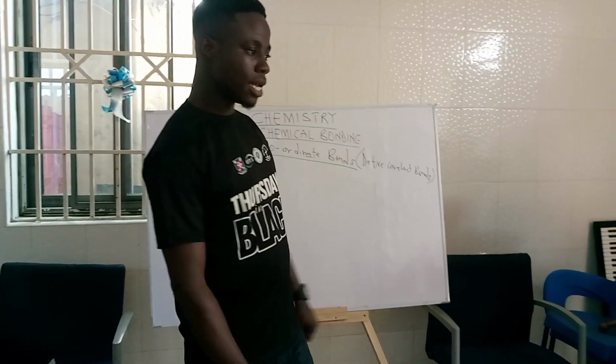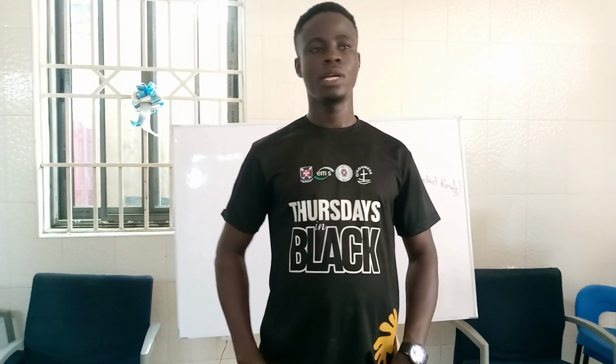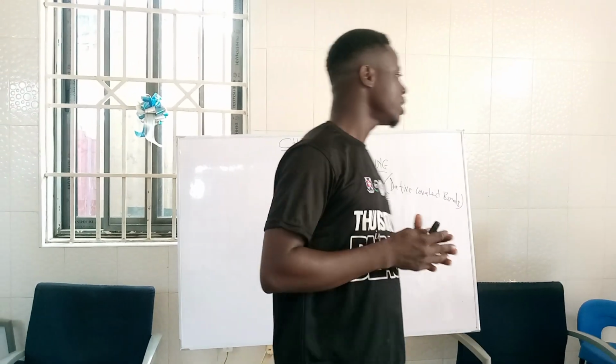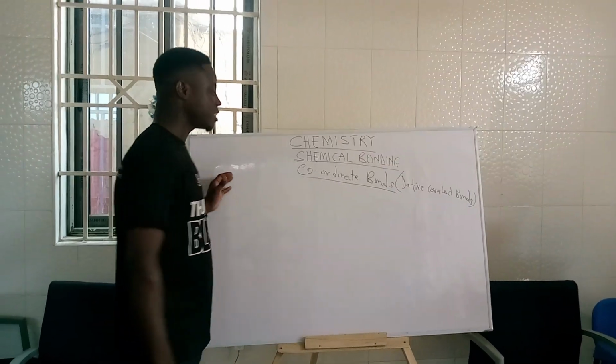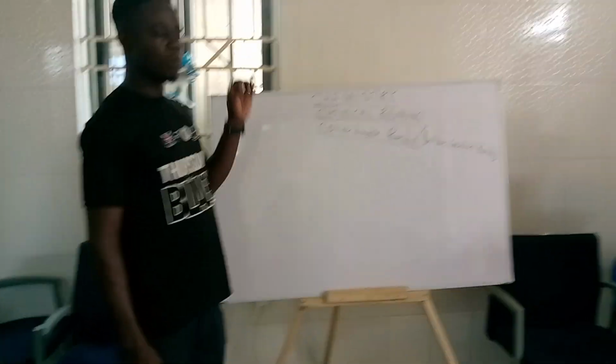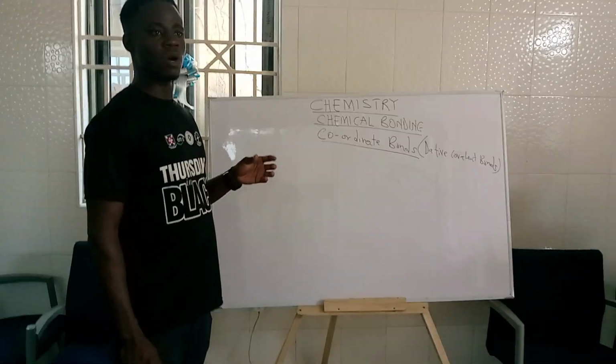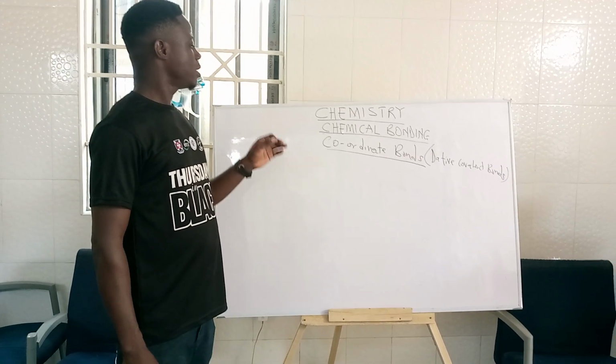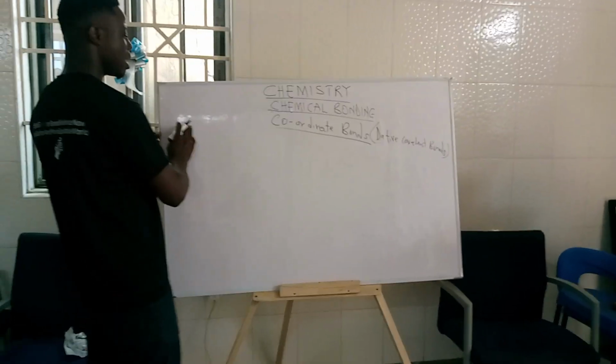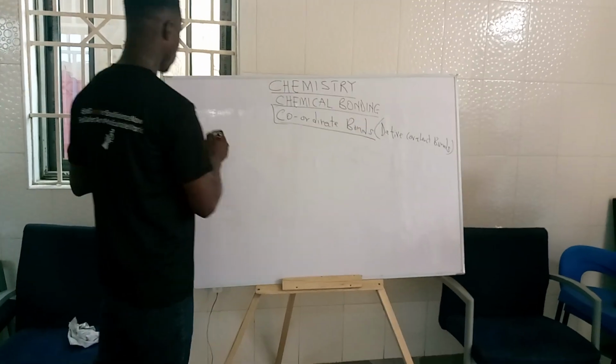Another name for this coordinate bond is dative covalent bond. In our previous video, we said that anytime we are talking about covalent bonding, it is just a matter of the sharing of bond pair electrons or electron pairs. Now, in this particular sharing, there is a special rule you need to follow.